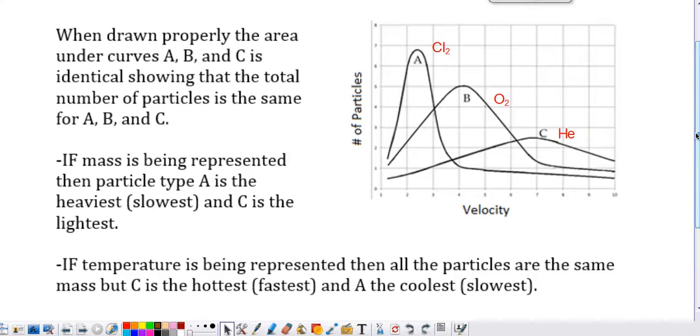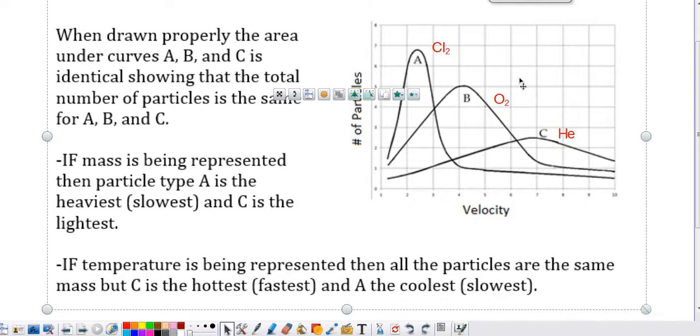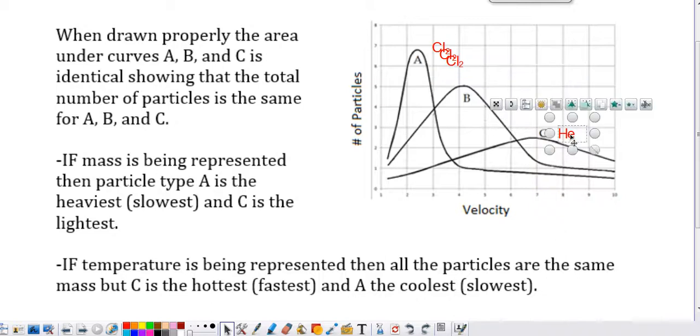The other thing this Maxwell Boltzmann distribution curve could represent is a substance at different temperatures. Let's say that you have 3 samples of chlorine gas, and instead of being at the same temperature, you have a cold sample of chlorine, 0 degrees Celsius, a warm sample of chlorine, 50 degrees Celsius, and a hot one at 100 degrees Celsius.